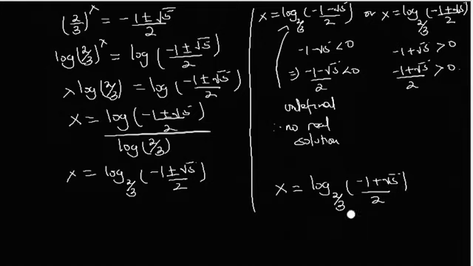And that is the solution to our equation. And of course, if you like, the approximate value of log base 2/3 of (-1 + √5) / 2 is equal to 1.1868.